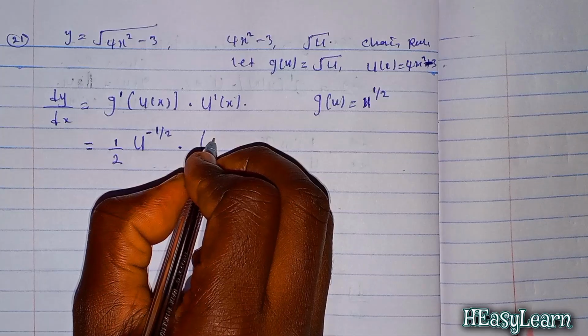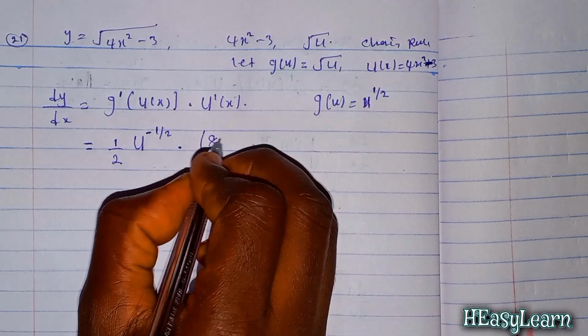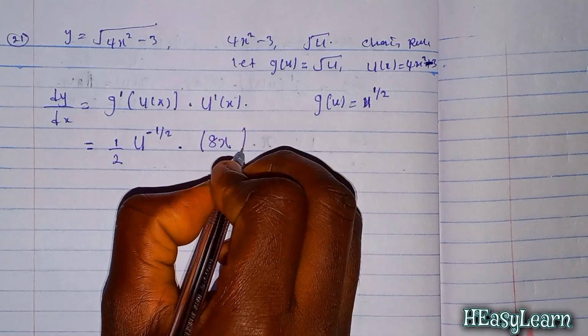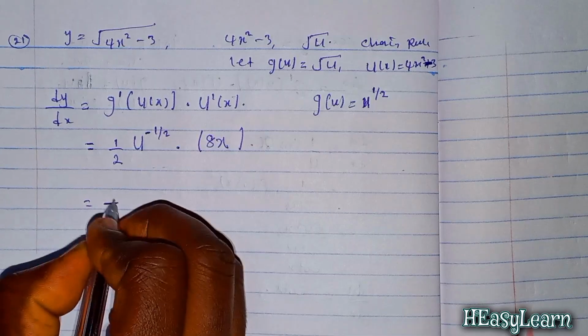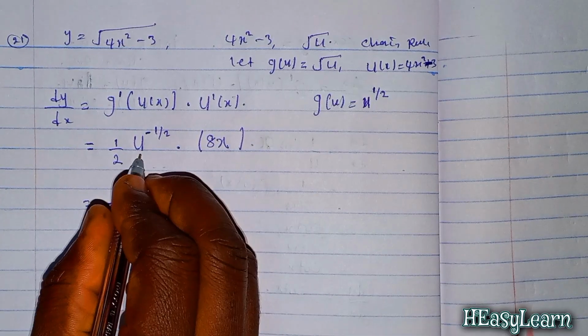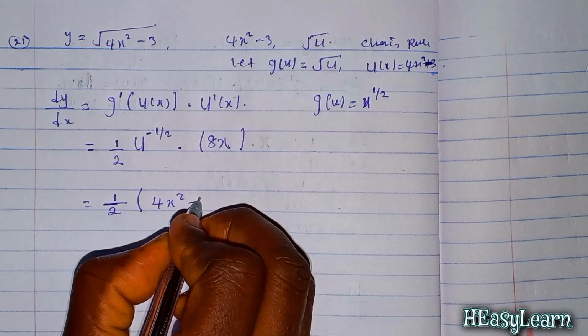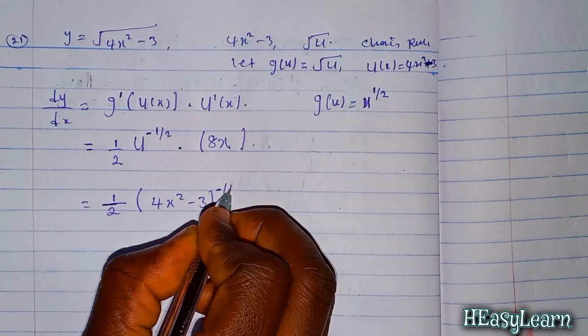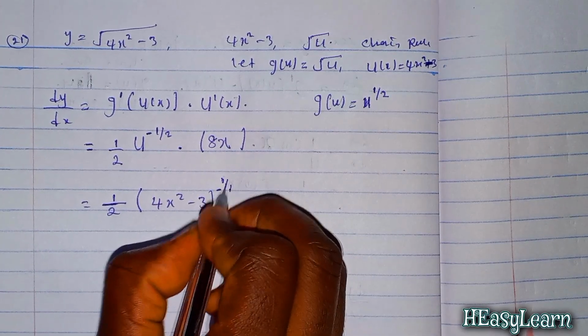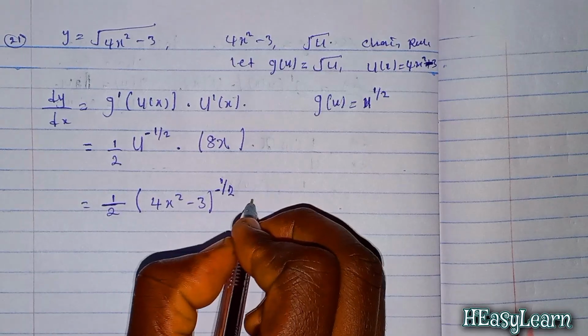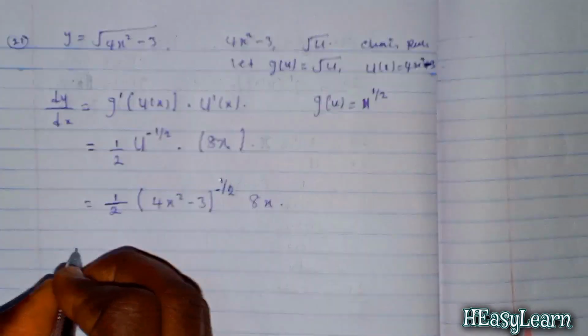The differential of u of x is 8x minus 0. So this is going to be 1 over 2. What is u? U is 4x squared minus 3, to the power of minus 1 over 2, times 8x.